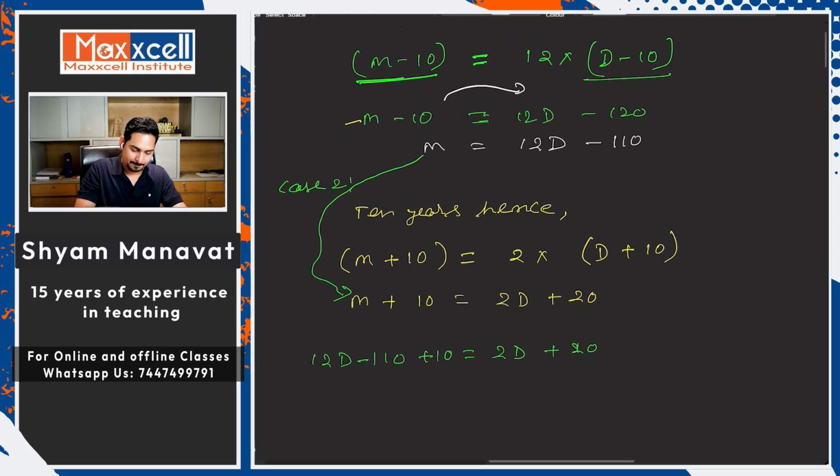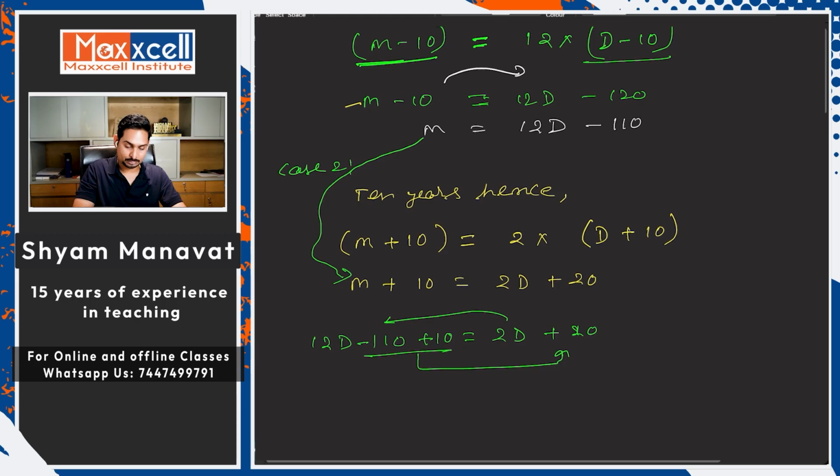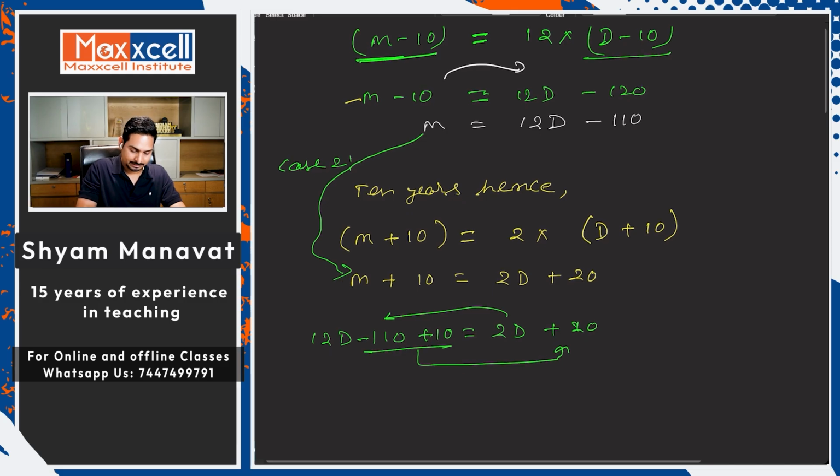Okay, so अब क्या बनेगा? D at same side and the numbers will be other side. Shift the smaller one, so 2D is smaller than 12D, so 2D को shift करो left hand side. This will become 12D minus 2D is what? 10D.